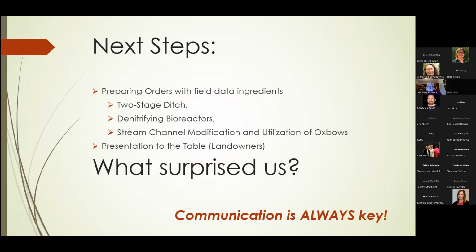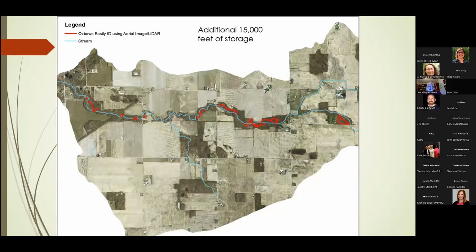Now, you may wonder, what is an oxbow? On this slide here, you can see the red areas associated with the mainstream of Beargrass Creek. These red areas represent opportunity areas where, if we can take water coming off the field, or water that's under a flood stage, and get it back into some of these oxbow areas, they're rich in organic carbon.